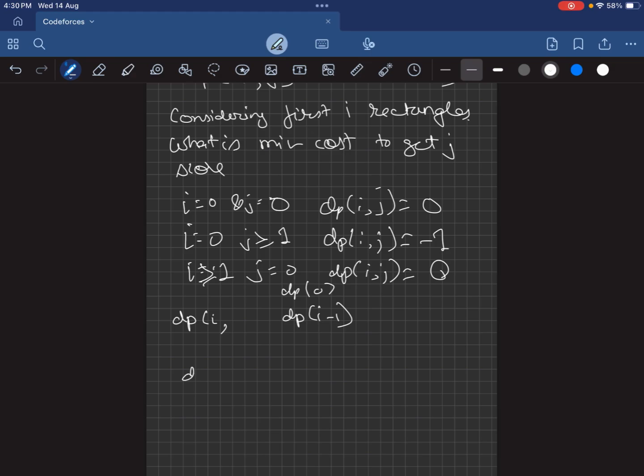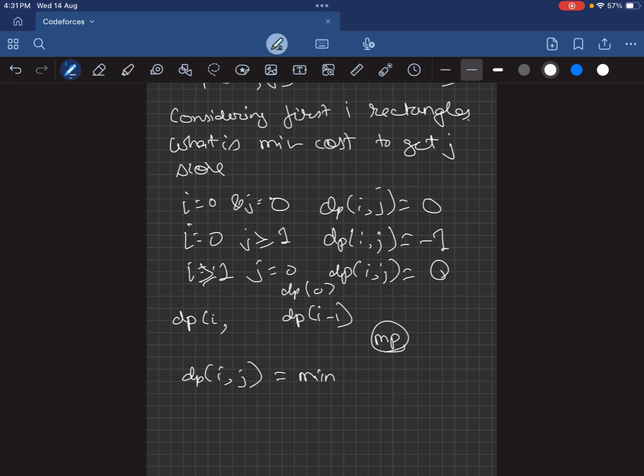So we can write dp of i comma j as the minimum over dp of i minus 1. Let us assume we can only get mp many points from the ith rectangle.